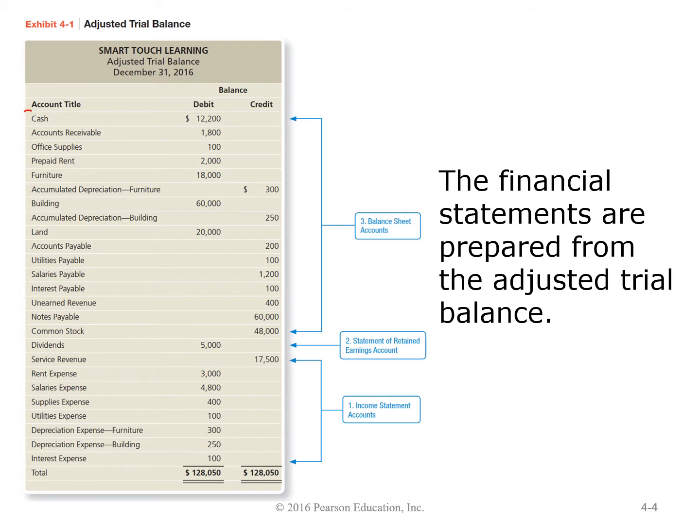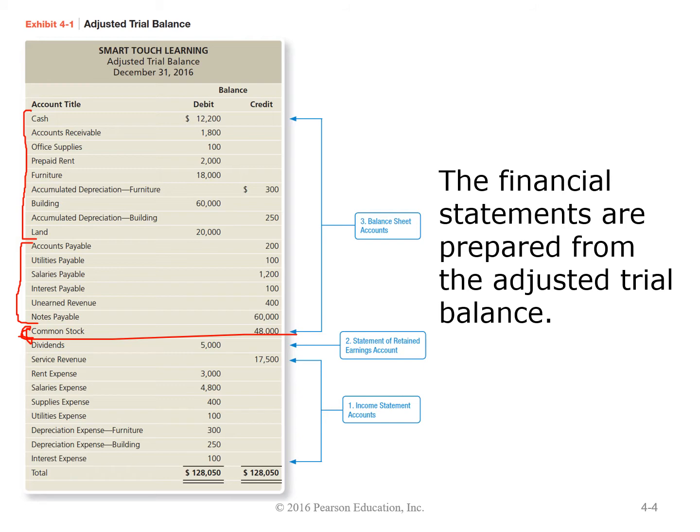Assets, all of those are assets. Liabilities, and equity, of course, here. So this is the balance sheet items, as you can see here.